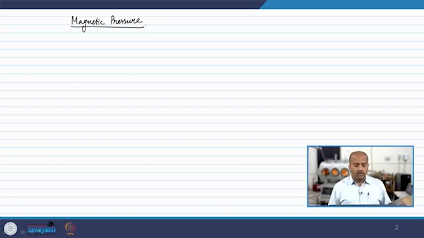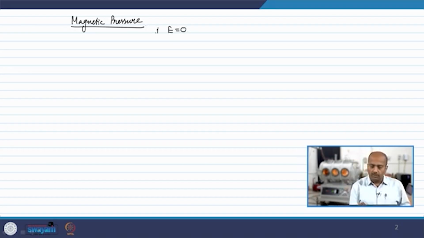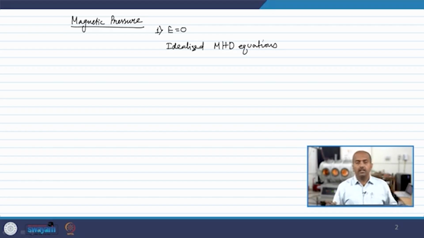Let us say we consider a plasma which is neutral in nature and in which there are no electric fields, and in addition we consider the idealized magnetohydrodynamic equations, in which we have clearly demonstrated that plasma is no longer treated like a two fluid entity, rather it is a single fluid, and the equations pertaining to the electron and ion were mixed and the entire framework of MHD equations was obtained.